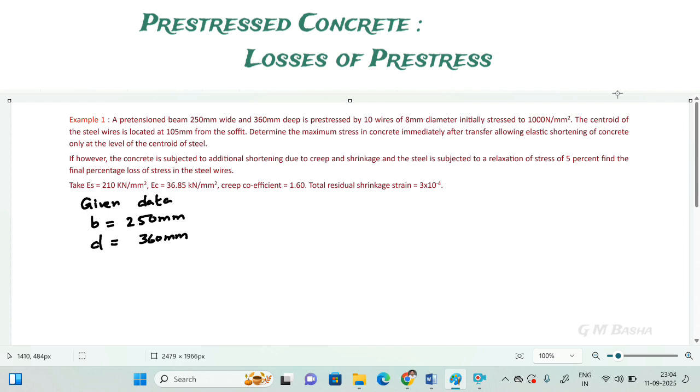If you see the diagram, it will be like this: 250 mm and the depth will be 360 mm.